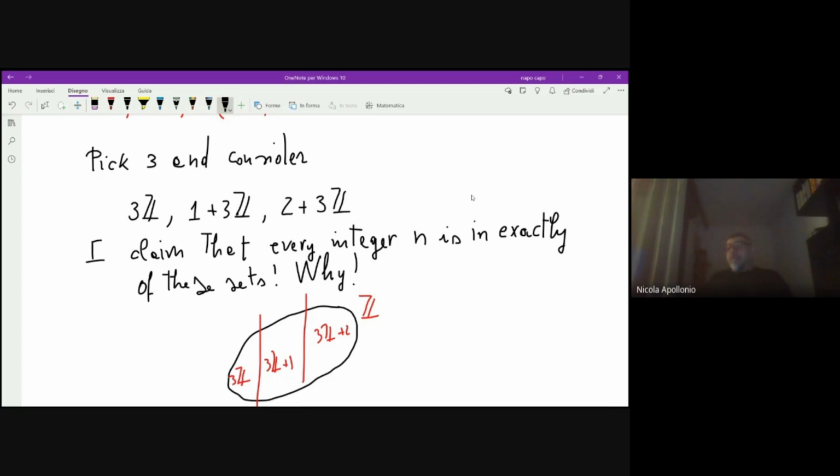If I pick a number that differs from a multiple of 3 by 1, it is of course in 1 plus 3Z. So for instance, if I pick 4, it is 3 times 1 plus 1, and so it belongs by definition to the set of multiples of 3 displaced by 1.